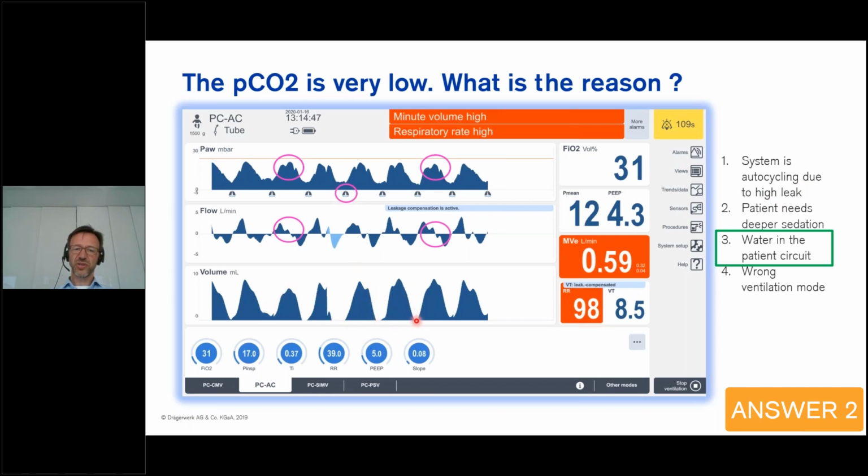The volumes return to zero line here quite well. And so therefore it's, oh, sorry, I misinterpreted this because we have a leakage compensation active. Yes, but if we would display here the measured leakage, you would see that we have no ET tube leakage in the system. So it's really caused by water in the system.